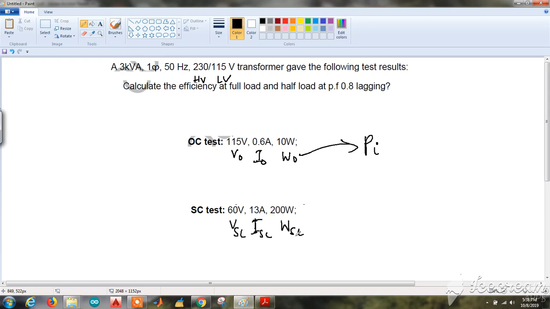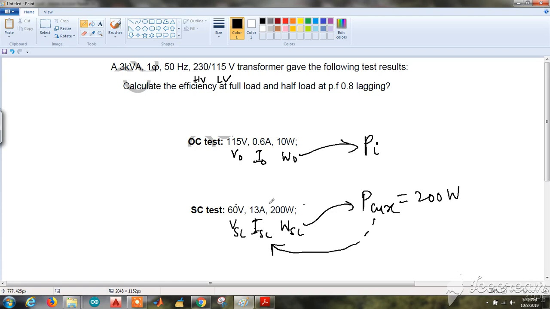And in SC test, this is not necessarily the full load copper loss. It can be full load copper loss or it may not be. So we don't know yet whether it is full load copper loss or not. So we will represent it by PCU X, that is 200 watts. X because it is with respect to ISC. ISC can be equal to the full load current or the rated current.